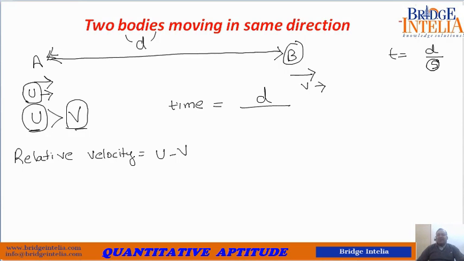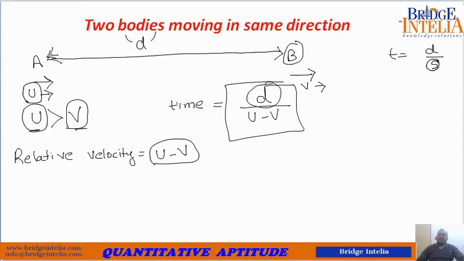A has advantage in terms of speed. So the question is, in how much time will A overcome the advantage taken by B? B has an advantage of distance d. A has an advantage of speed u minus v. So this challenge will be completed by A in this much time. That means A will overtake B in this much time.